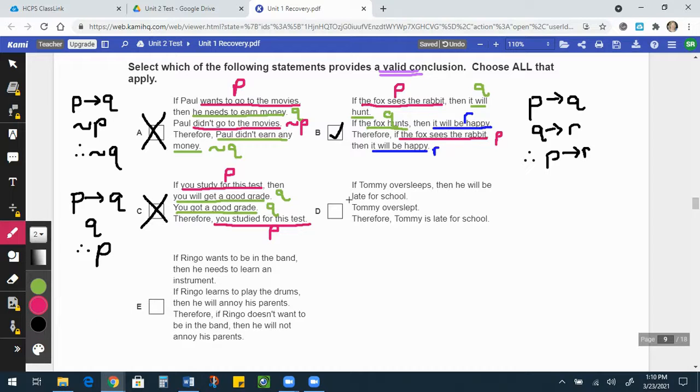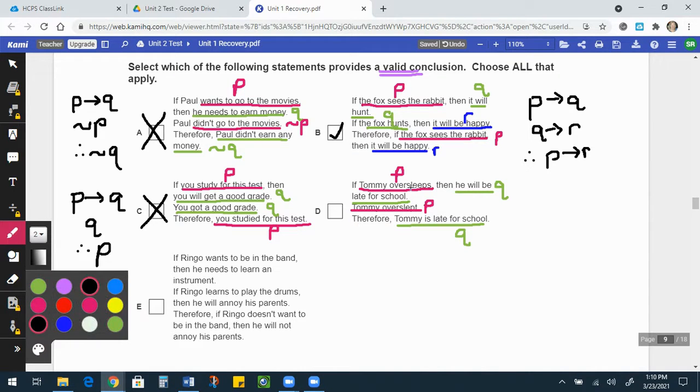All right, D, if Tommy oversleeps, P, then he will be late for school, Q. Tommy overslept, P. Therefore, Tommy is late for school, Q. All right, let's take a look at this one.